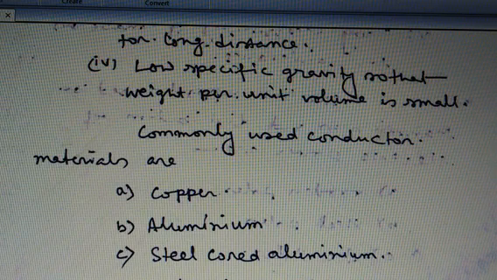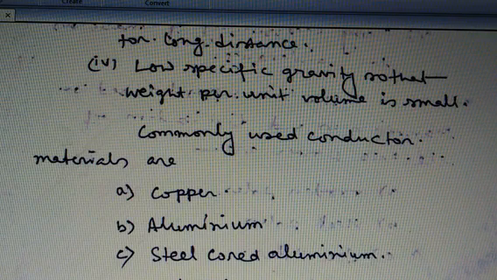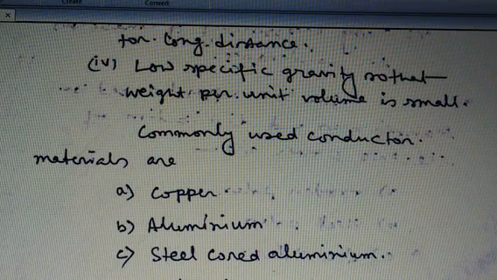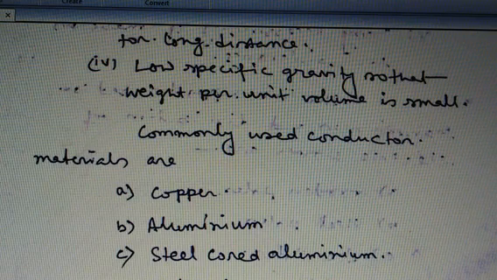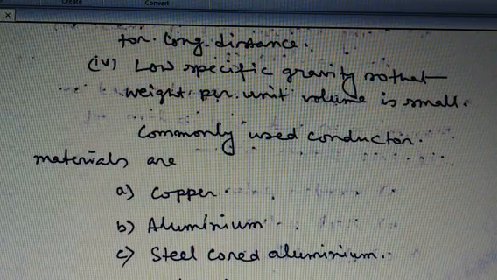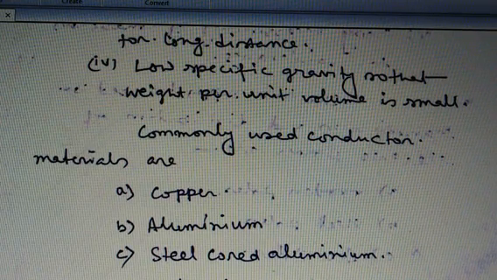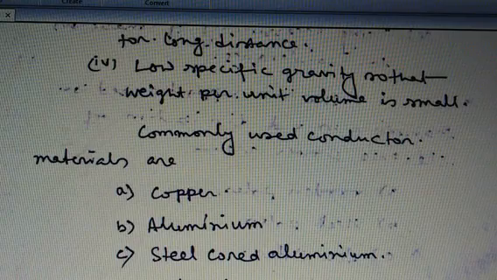Due to poor conductivity and high resistance of steel, such conductors are not suitable for transmission of large power over long distances. However, they can be used to advantage for transmission of small power over a small distance where the size of the copper conductor is a vital factor.